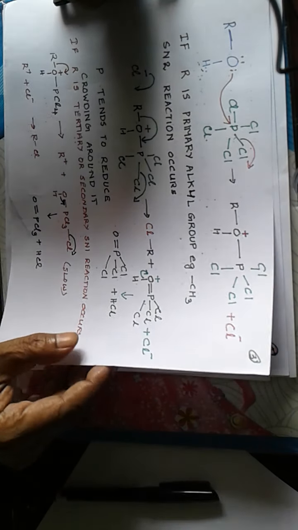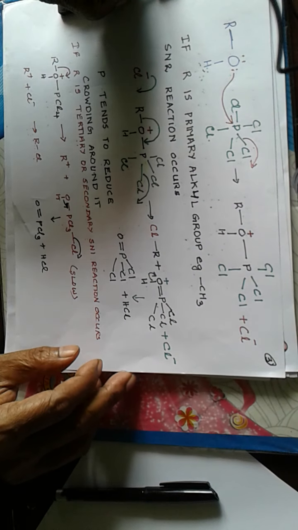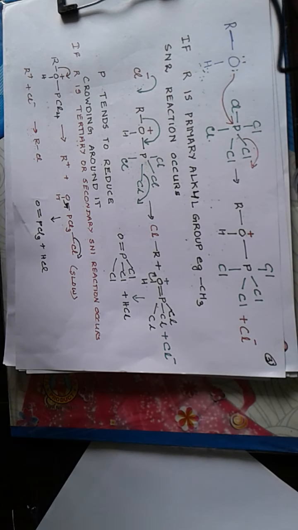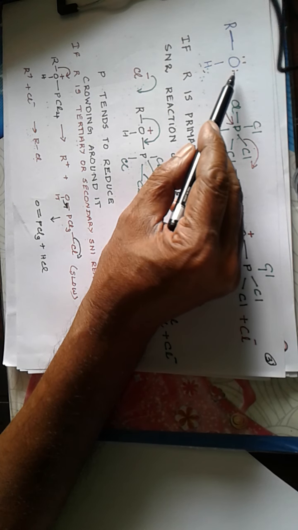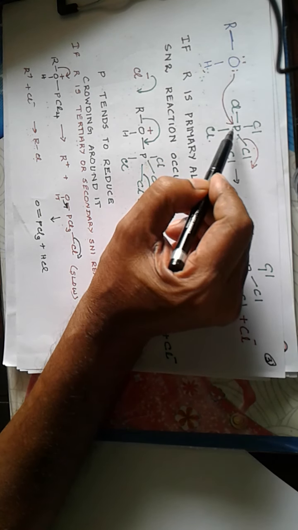Then we can remember how the products are formed. Now, first of all, the lone pair of oxygen of alcohol is given to phosphorus.